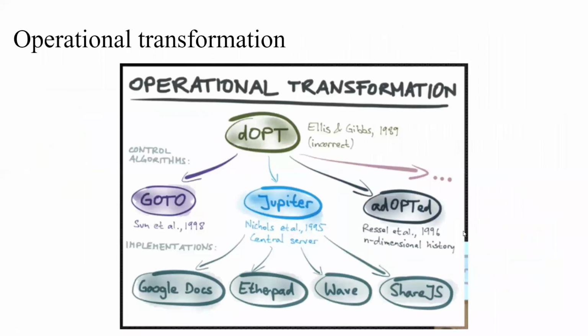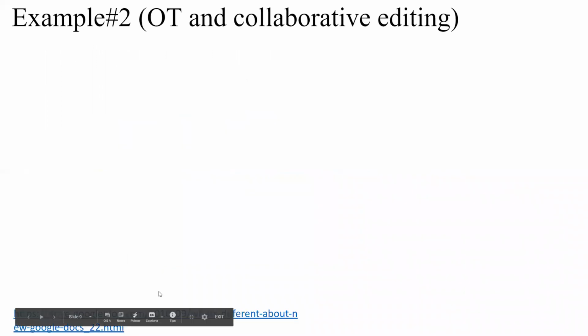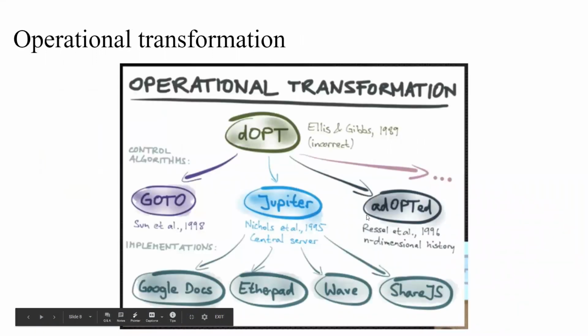Now, another thing that he mentioned is that if you look at this idea of conflict resolution techniques, there are multiple algorithms and techniques available. And Google Docs actually comes under the family of Jupyter algorithms, and it's based on the central server idea.